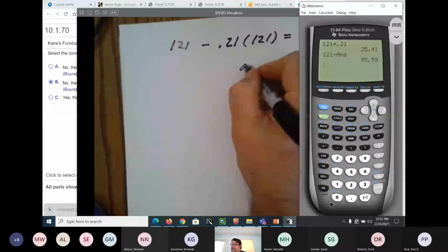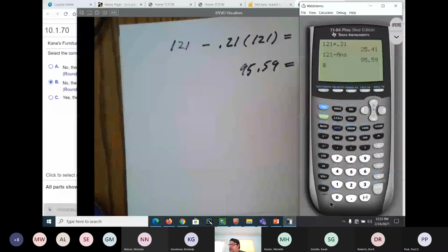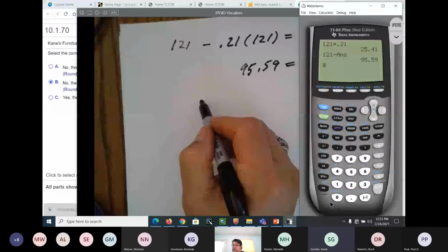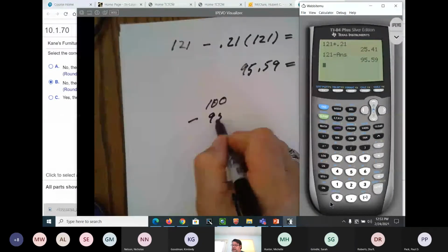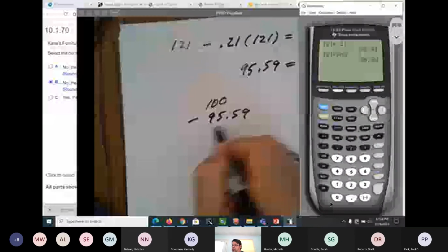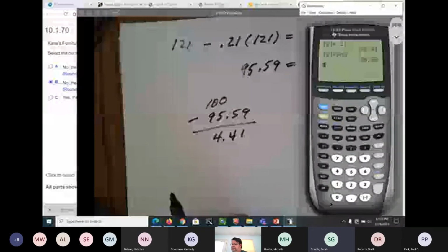So 95.59 is equal to the total at 21% off. So then wouldn't you take the 100 and minus the 95.59 and that finds out the difference? 100 minus 95.59 is equal to 4.41, I believe. Right, so that's how much money it's off, from the percentage I took off.